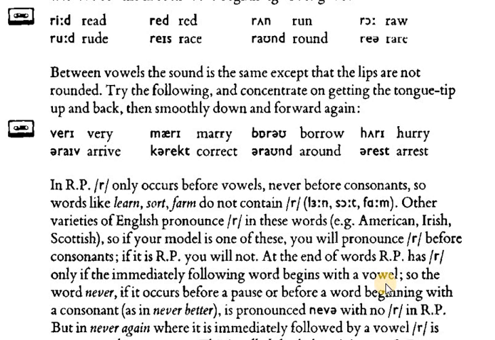If I said never alone, there is no r. لكن if it occurs before a pause or before a word beginning with a consonant, إذا نطقتها alone راح تكون في نهاية الكلمة there is no r. لفظتها قبل كلمة تبدأ بحرف صحيح like in never better is pronounced never يعني with no r in RP.